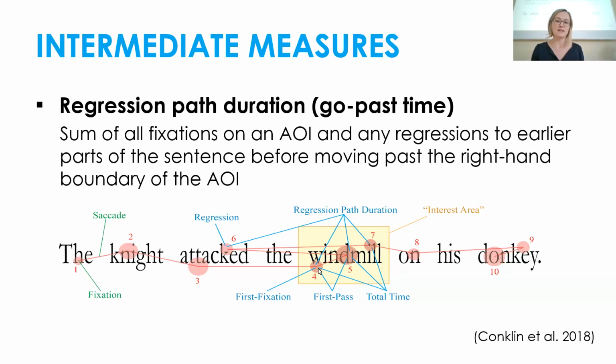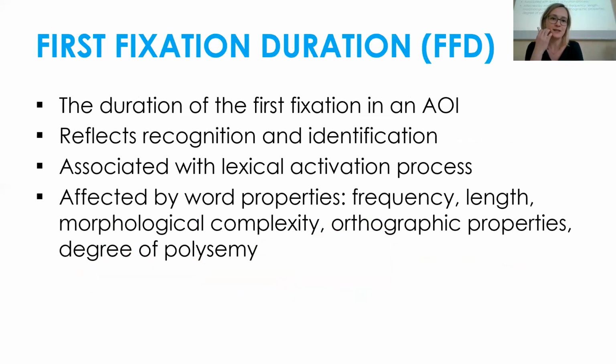So all the fixations here, number 4 and number 5, plus the regression that was made here before we move past the right-hand boundary of the word, okay? So if I went here and then went back, that wouldn't be included because I passed that on. So this is sort of first pass plus a regression here. Yes, so early, late, and intermediate measures.